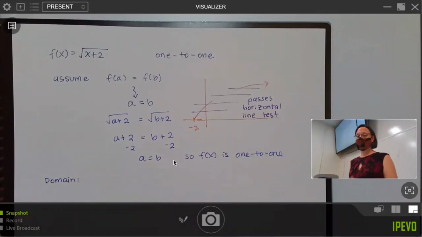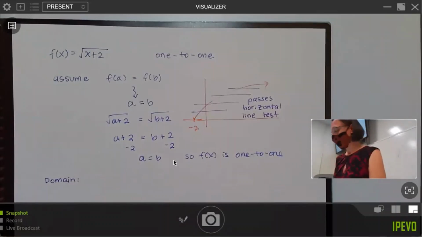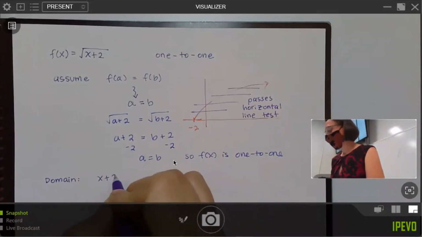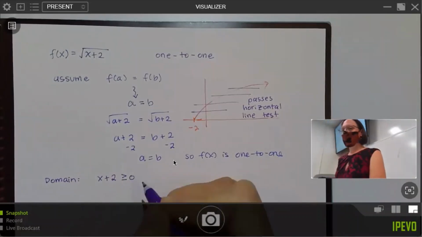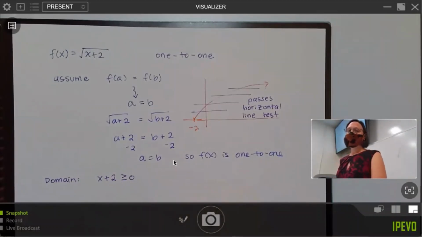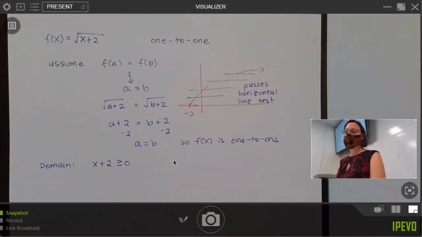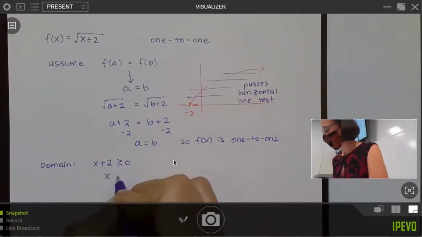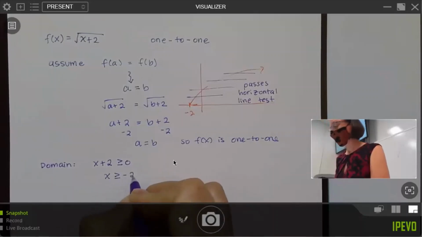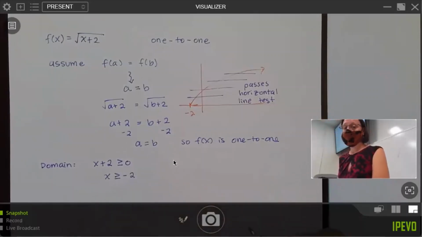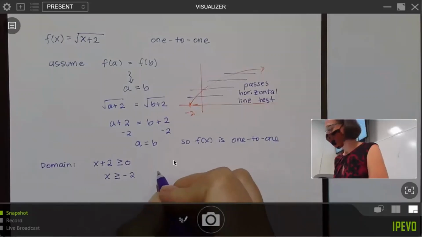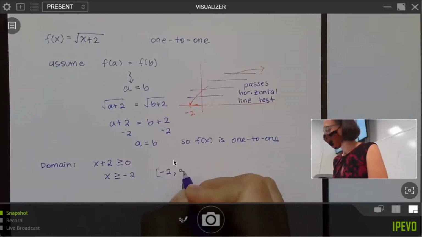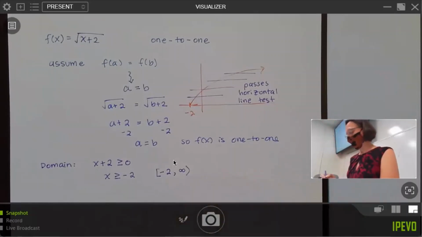So when I look at this in terms of domain, it's really just telling me that x plus 2 must be greater than or equal to 0. There are different ways that we can write that. But I can say that x is greater than or equal to -2, or put that into interval notation and say that x is somewhere between -2 and positive infinity.